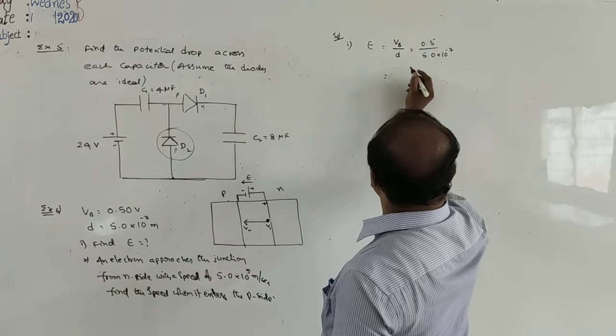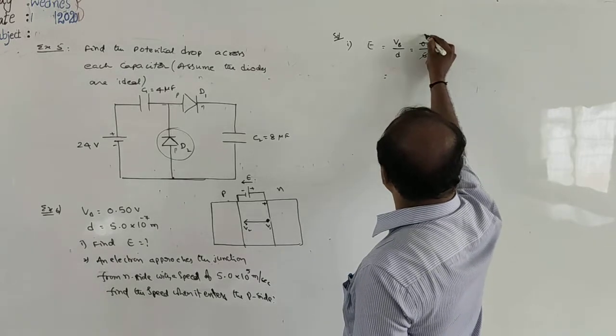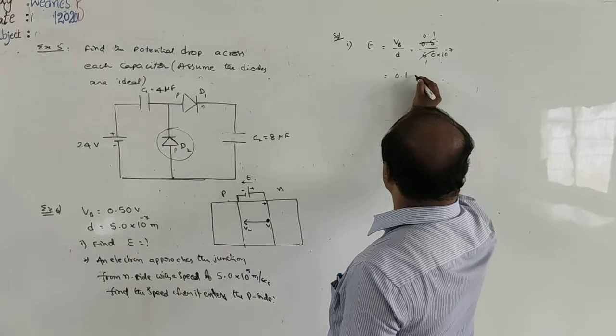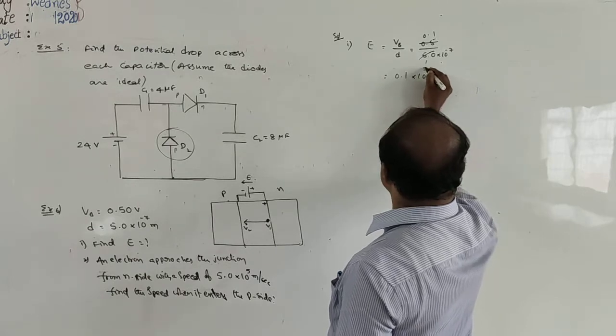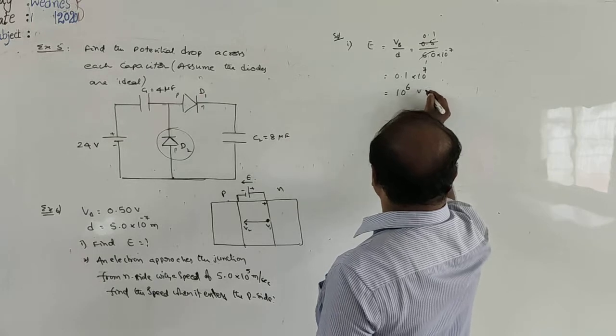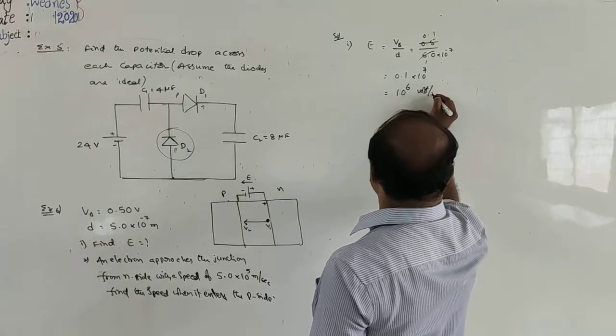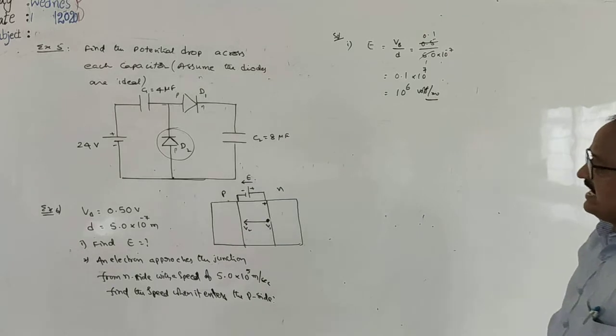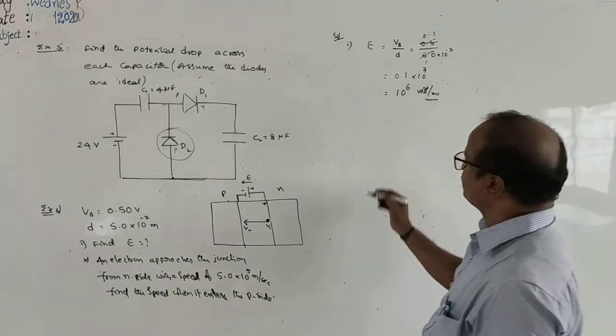That is 5 ones are 5, 0.1 into 10 to the power plus 7, that is 10 power 6 volt per meter. This is the electric field intensity in the depletion region.